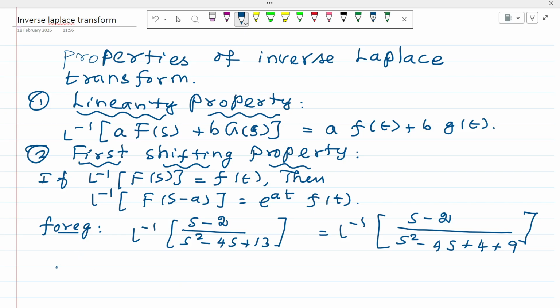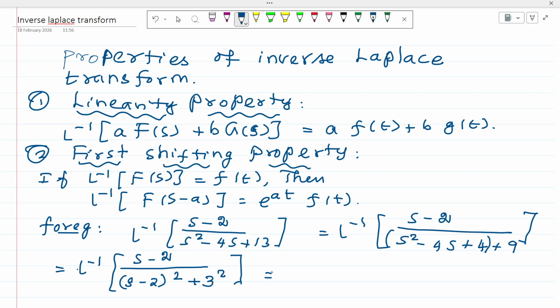This can be written as L inverse of s minus 2 divided by s square minus 4s plus 4, put the bracket, s minus 2 whole square, and then plus 9, which can be written as 3 square.